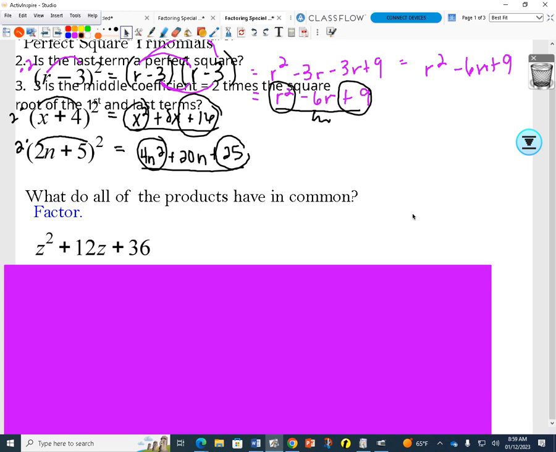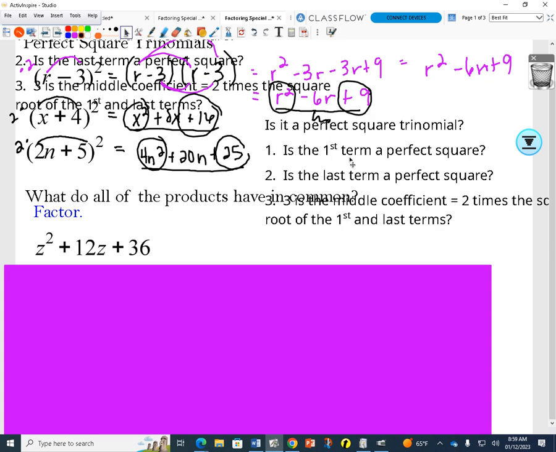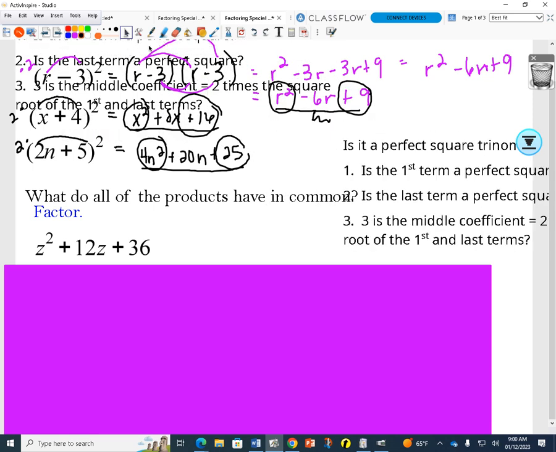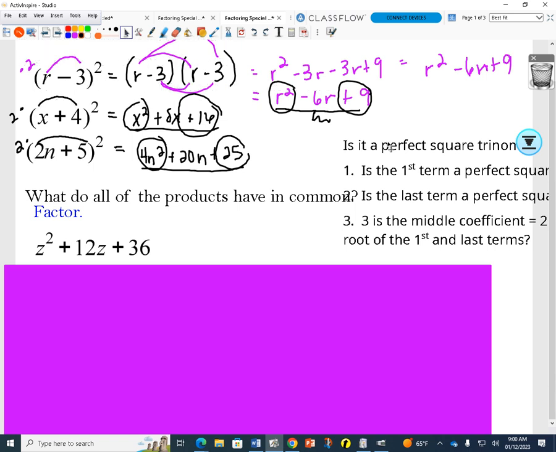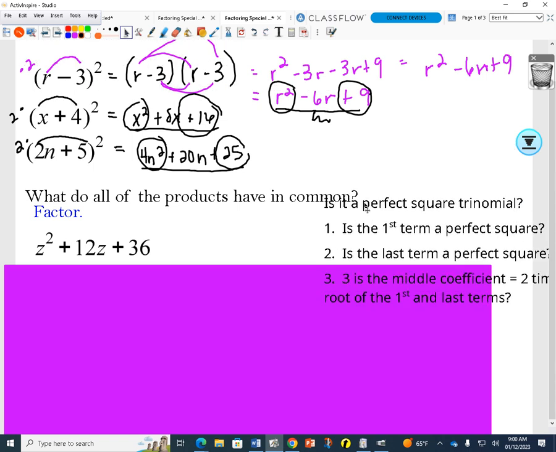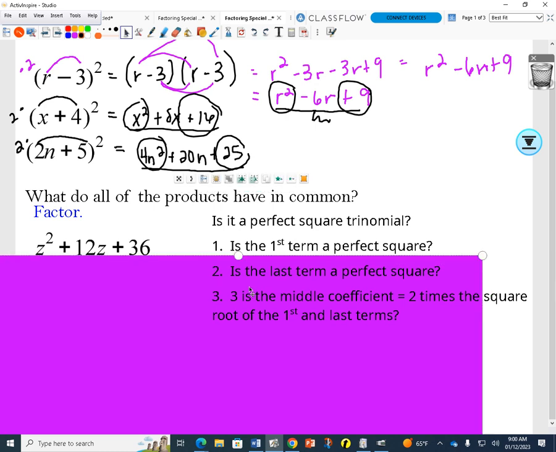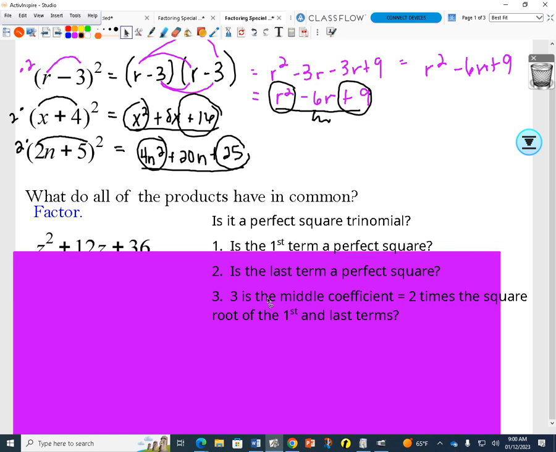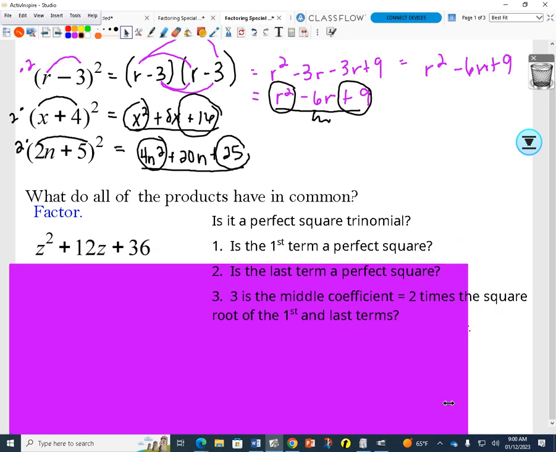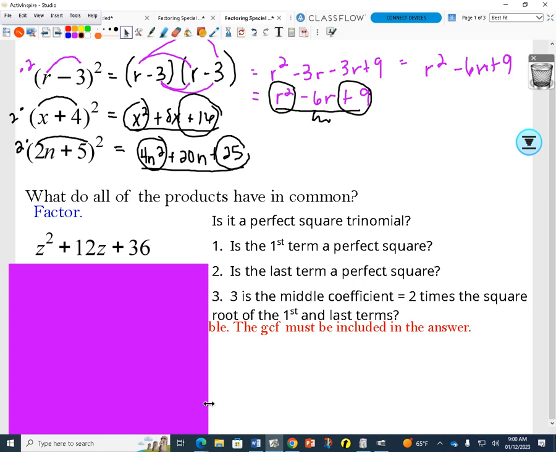All right, so this is what we want to check. Is it a perfect square trinomial? So if it's a perfect square trinomial, the first term will be a perfect square, the last term will be a perfect square.